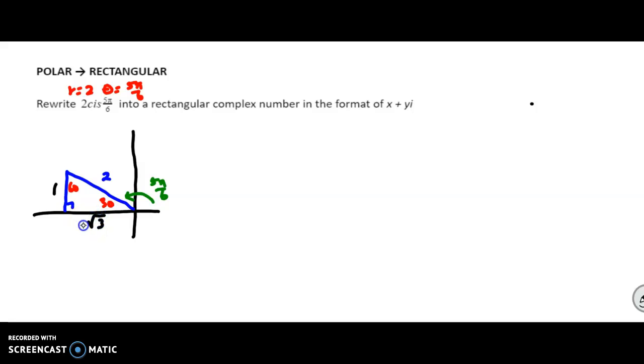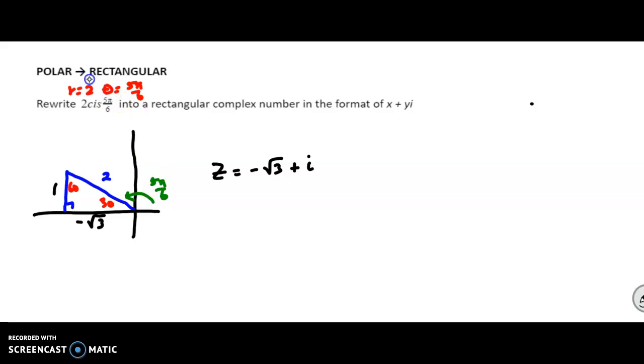So in this case, that's negative, okay? All right, so there's my x, there's my y. z is equal to negative root 3 plus 1i, or just i. So that's what it's like right there, okay?